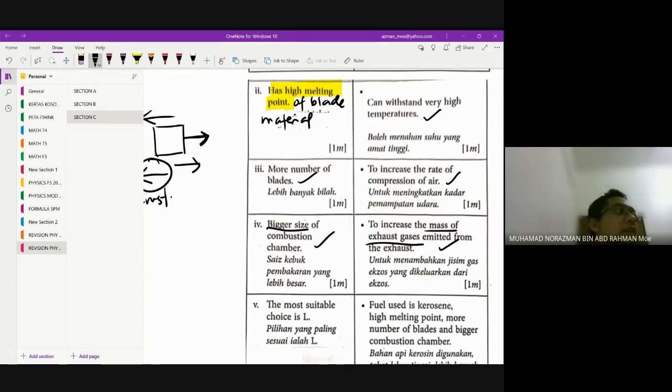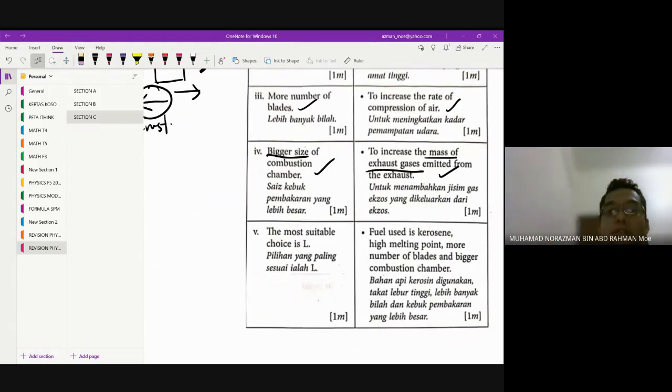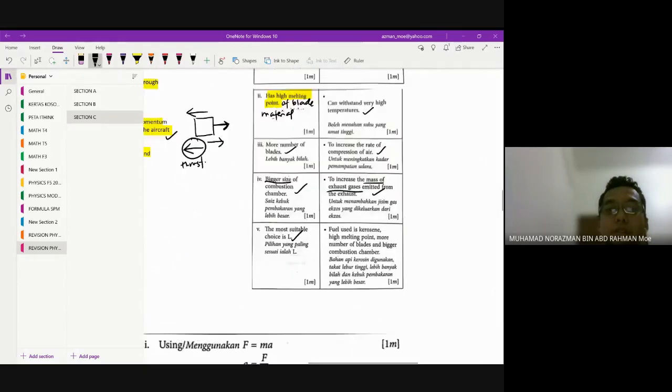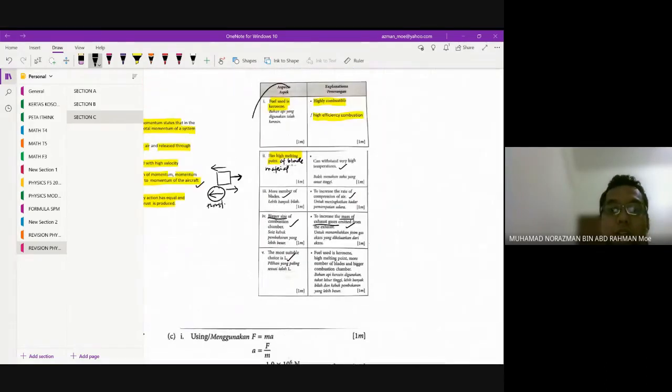Meaning that you want to increase the volume or the number of gas particles emitted from the exhaust, so we can get more force. Finally, we can get more thrust, and the most suitable choice is L. Why? Because of all the aspects.